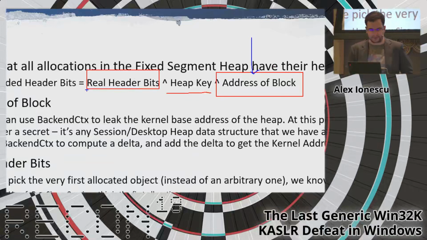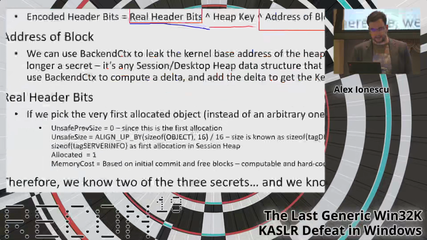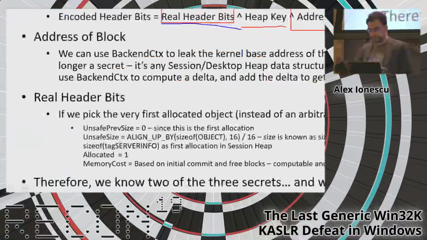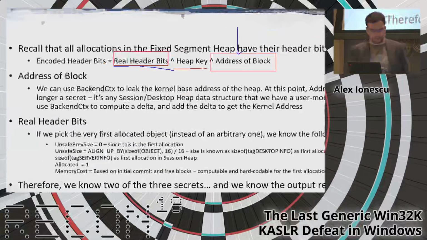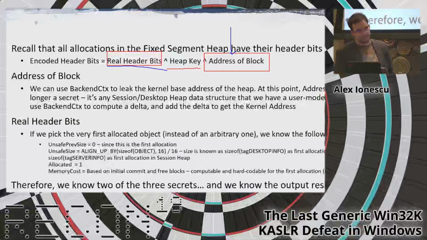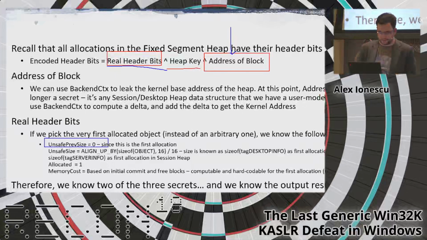The question is, though, how do I know the real header bits? Well, the real header bits, remember, we have the previous size, we have the size, we have the memory cost, and we have a bit that's called allocated. If you pick the first allocated object, you know that unsafe previous size is going to be 0, because it's the first object, so there's nothing before it. It's an allocation, so you know that allocated is 1.